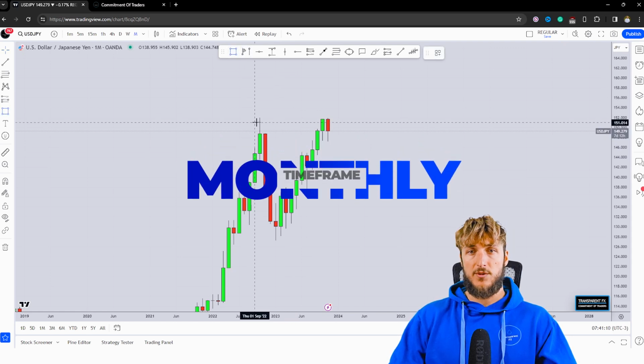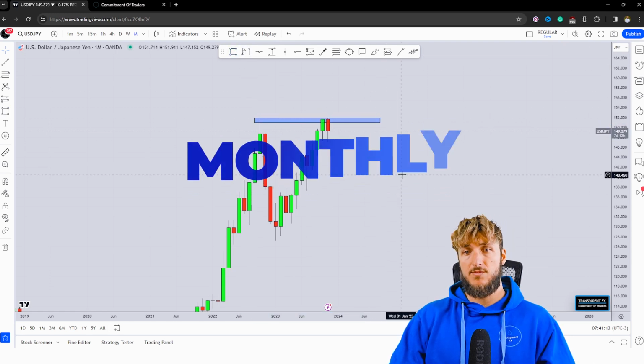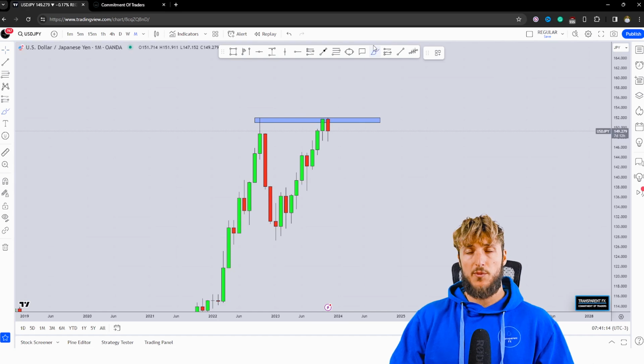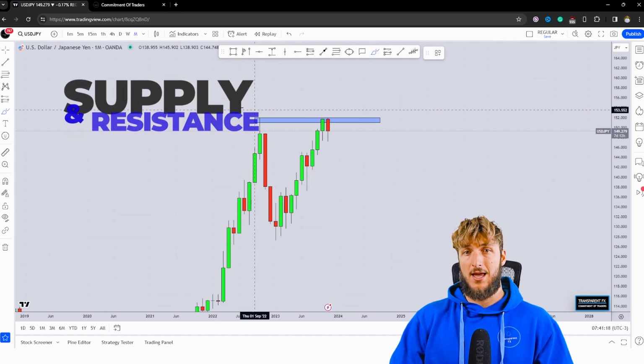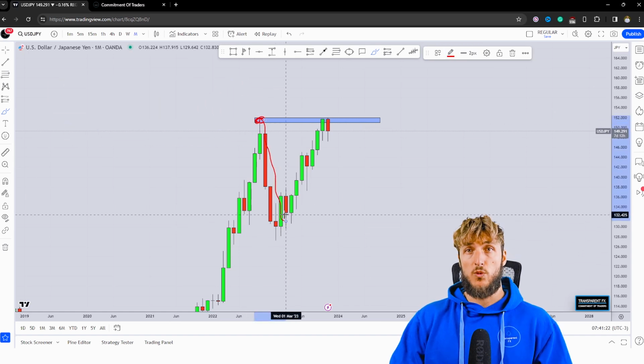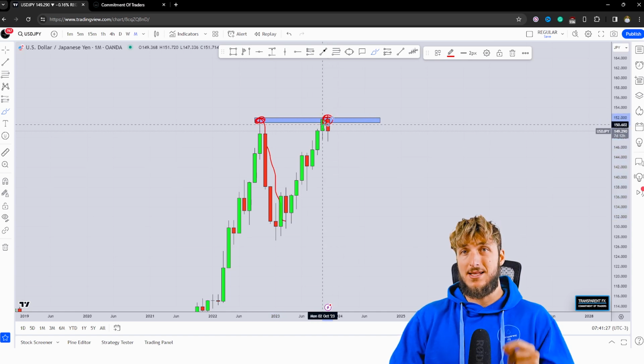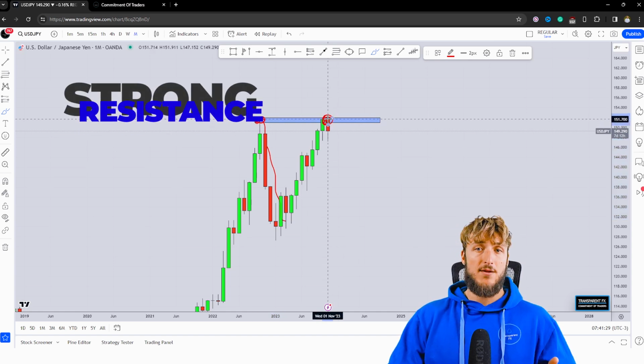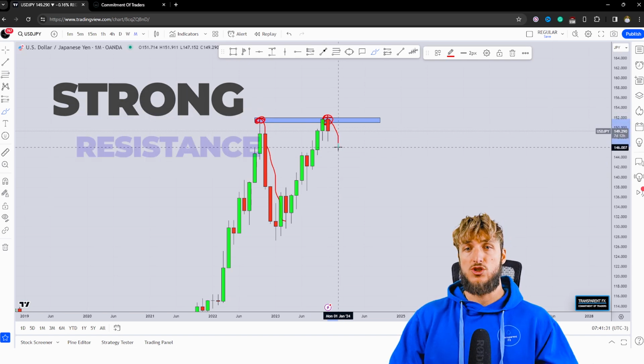Now, starting from the monthly time frame, what we can see is that we have a market which at the moment is testing a quite strong level of monthly supply and resistance. In fact, from here, all this previous move to the downside was created, and what we can see now is that the market has just tested exactly the same zone, and from here the market has already started rejecting it to the downside.